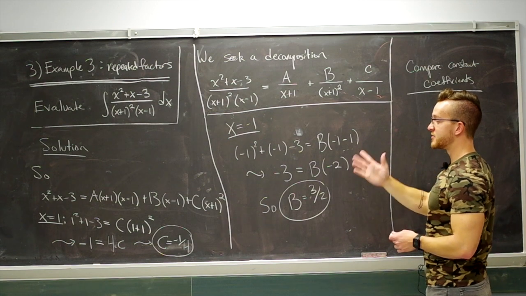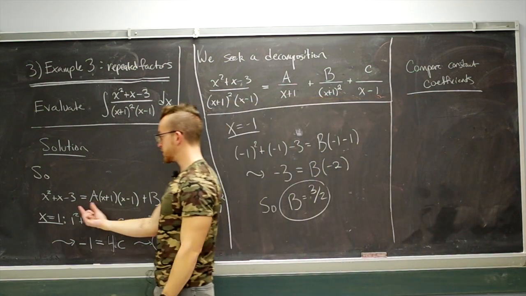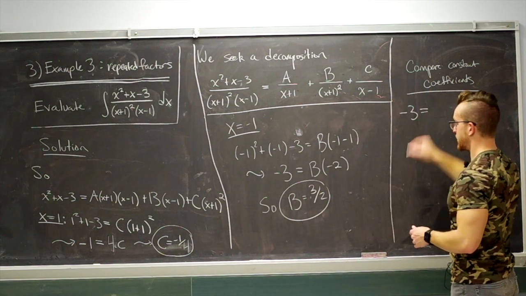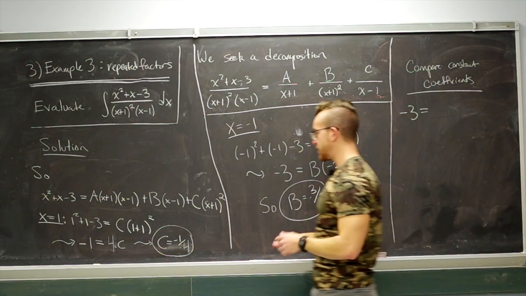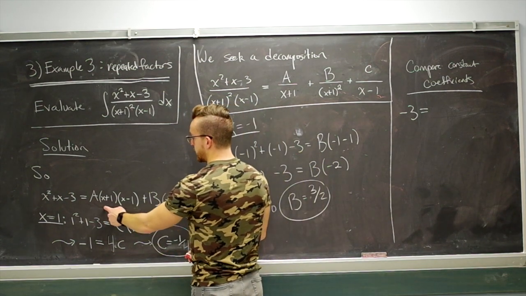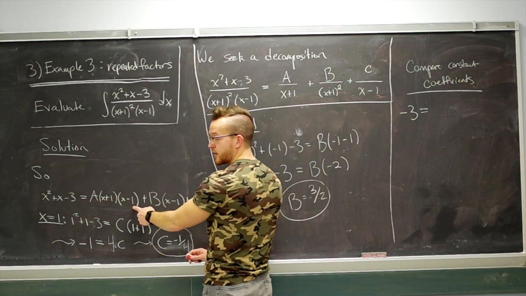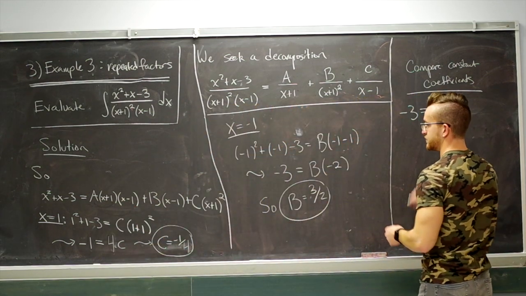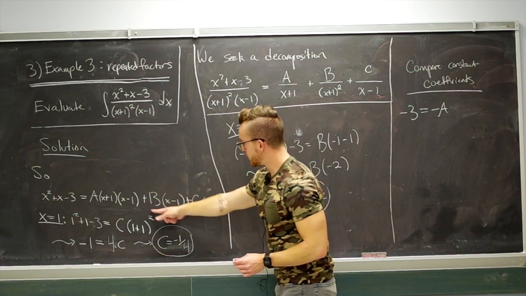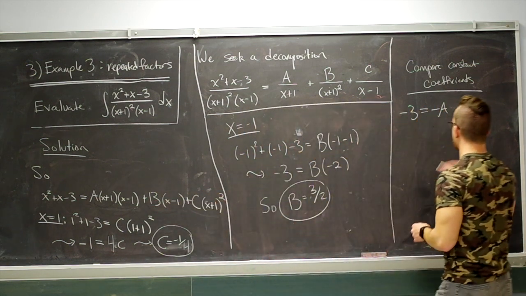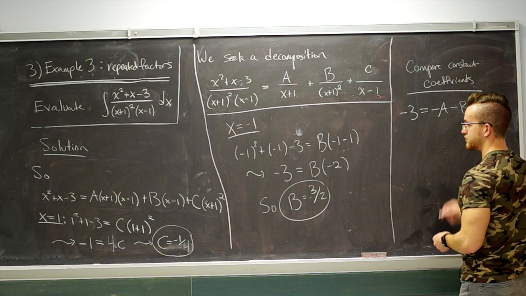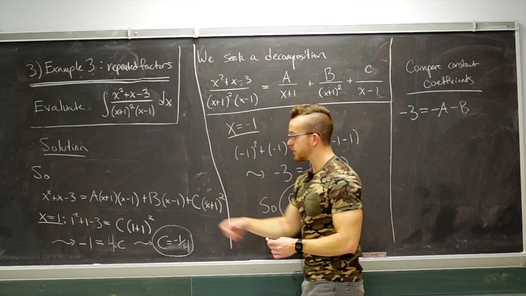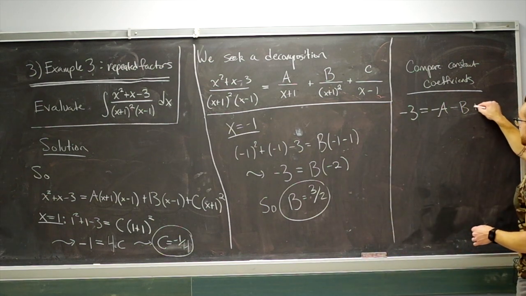Okay, so the constant coefficient on the left-hand side is -3. The constant coefficient on the right-hand side is -a from this term, -b from the middle term, and then from the last term we would get a 1 squared over here times c, so plus c.